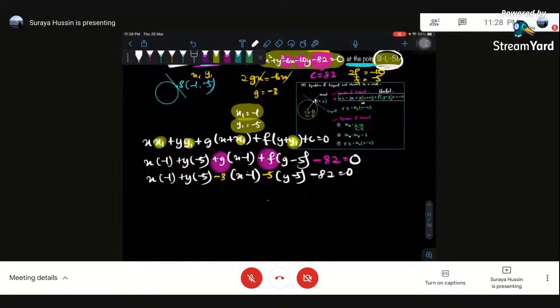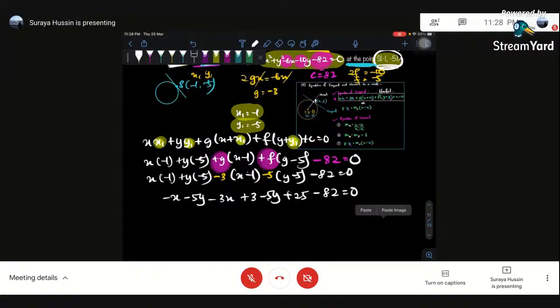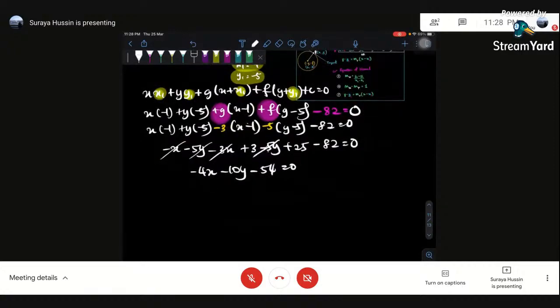Okay, so you try to expand it and you get negative x minus 5y minus 3x plus 3 minus 5y positive 25, yada yada, and you will get negative 4x negative 10y, and here is minus 54. Therefore, 4x plus 10y plus 54 equals to 0.